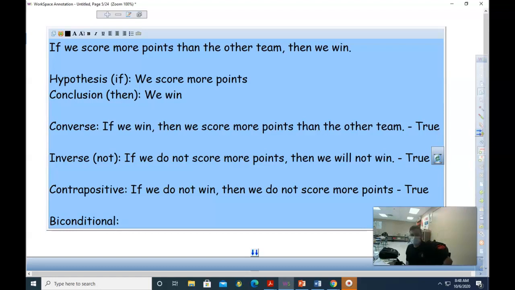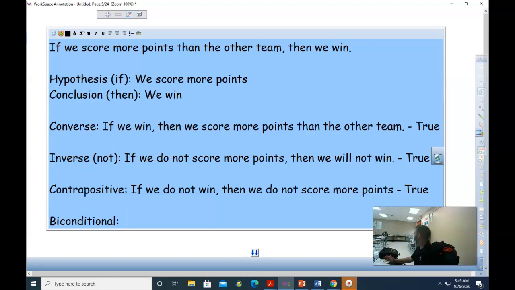Oh man, so much learning. Now, I'll give you guys a second if you're ready. Any questions on anything I've done so far? We identified hypothesis, we identified conclusion, we did a converse, we did an inverse, we did a contrapositive.